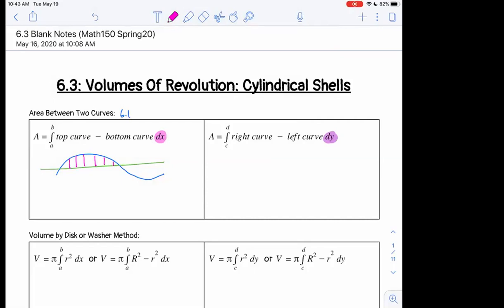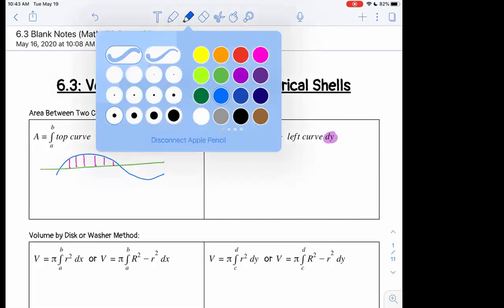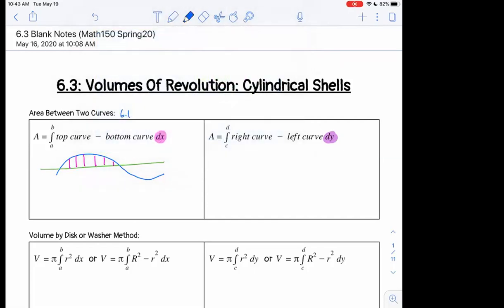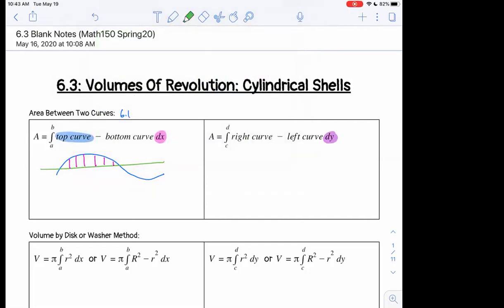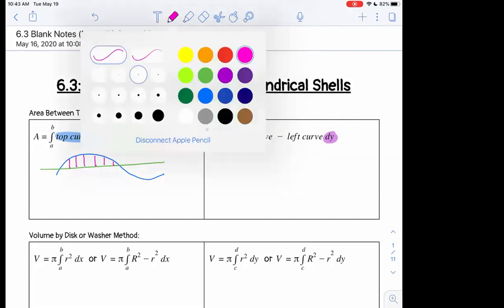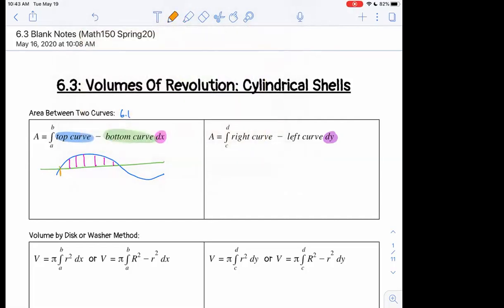When you can do that, you're going to find the area using this integral setup: the integral from a to b, which are x values, of the top curve minus the bottom curve. This is an a value that's an x, and this is a b value, which is also an x value.